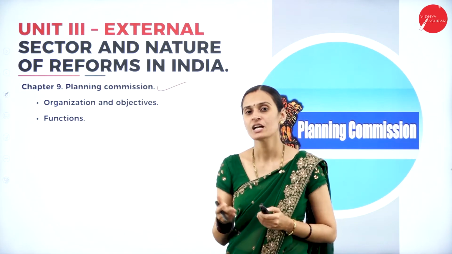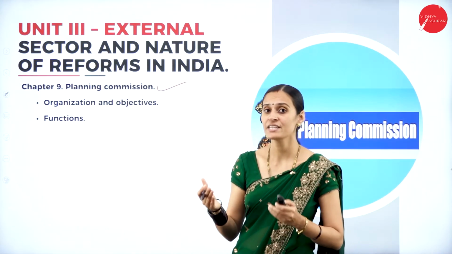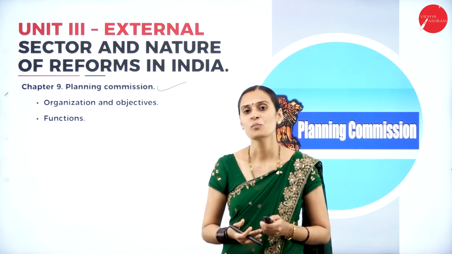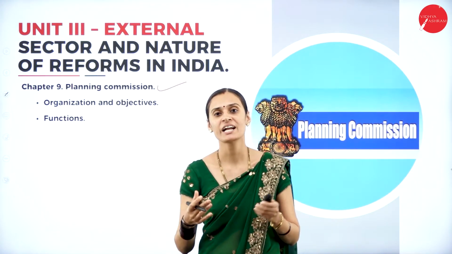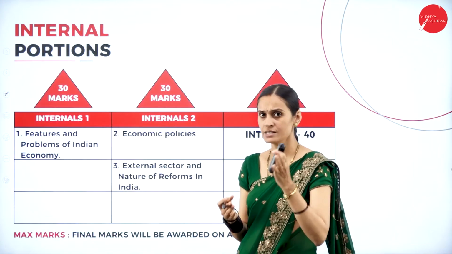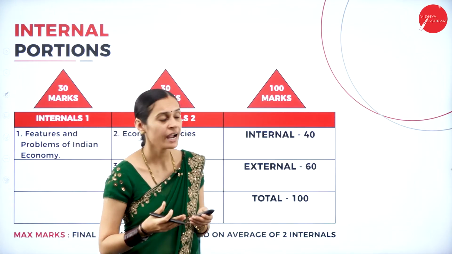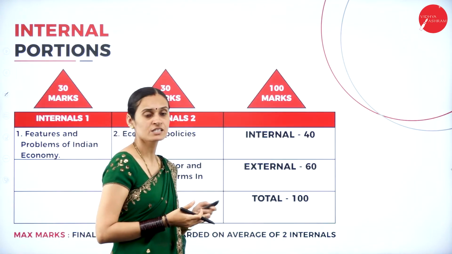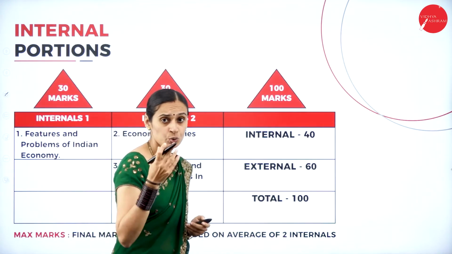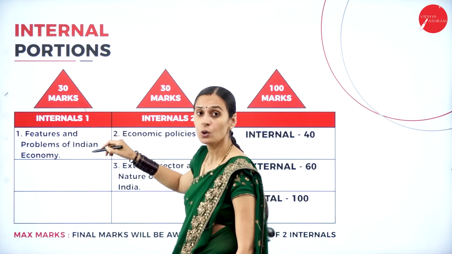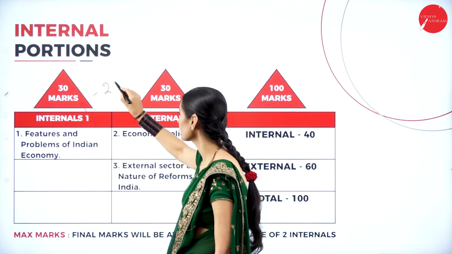Yes, my dear students, these are all important contents inherent in your syllabus, which we have to discuss. Moving forward to the internal and external marks allotment. You have two internals. Internal marks will be 40 and external marks will be 60, total 100. Two internals: the first internal is for 30 marks, which afterwards we will make it for 20.